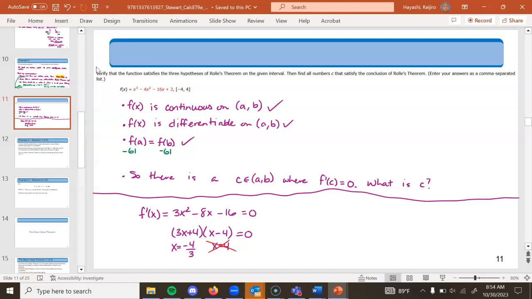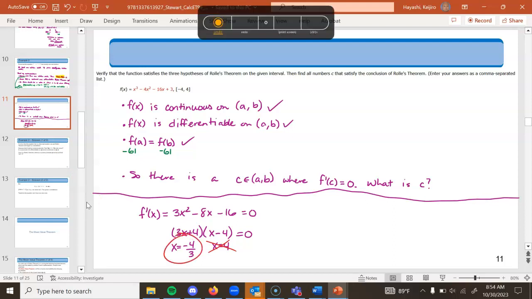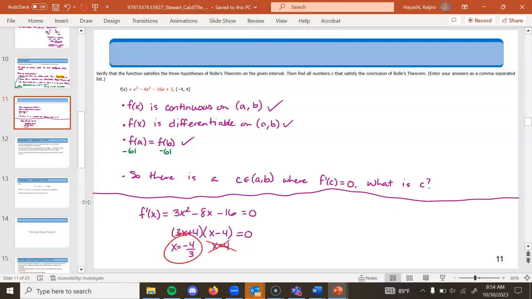It's one of the endpoints. It's on the edge. And that's not really what Rolle's theorem is talking about. Rolle's theorem is talking about there being some x value on the inside of the interval where the derivative is 0. So really, the specific x value that it's talking about is the negative 4/3 x value, not the positive 4.